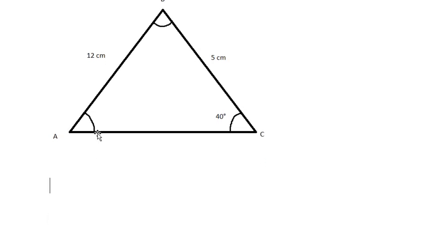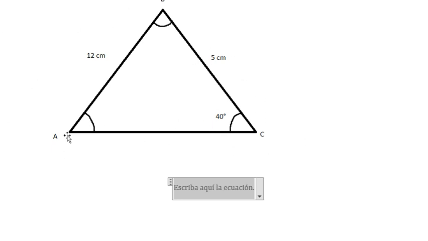What does the law of sines tell us? It tells us that we can build some ratios by dividing the angles of the triangle by their opposite sides, and that division should be equal no matter what the angle and the side is.